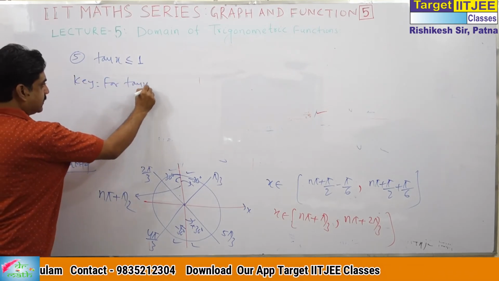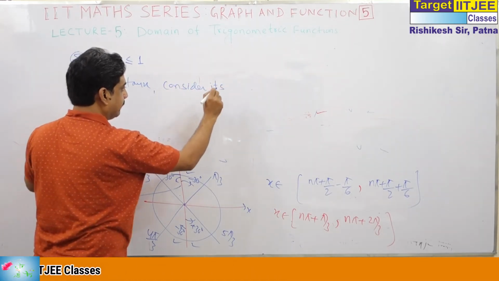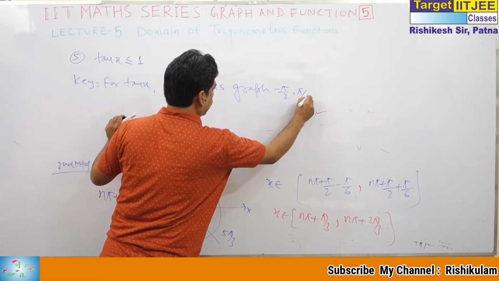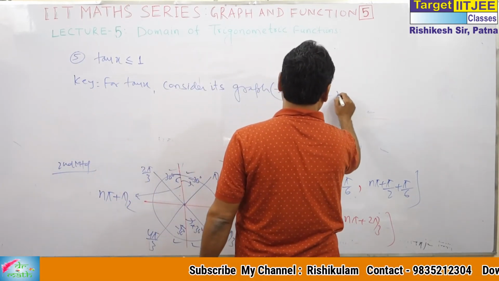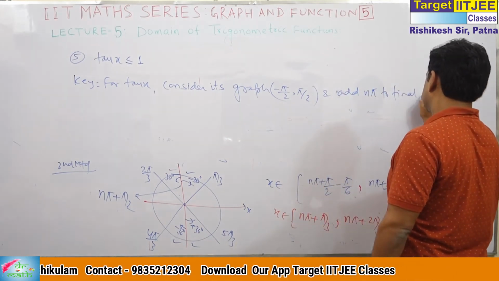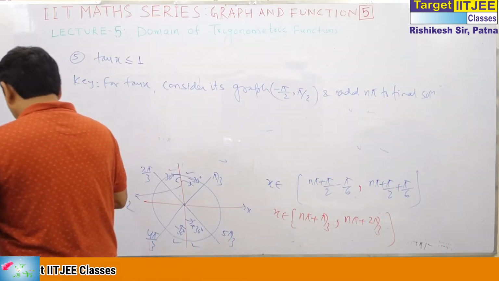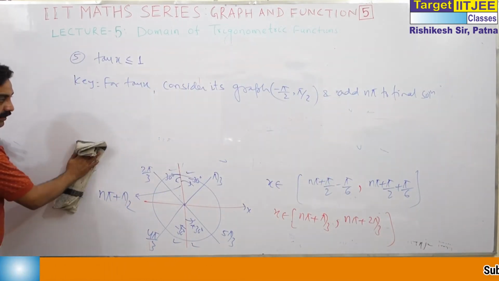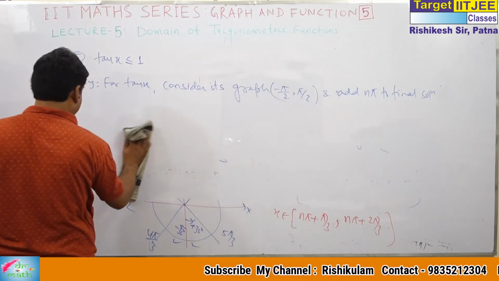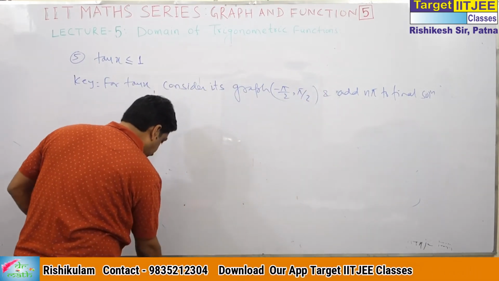For tan x, consider its graph in minus pi by 2 to pi by 2 and add n pi to the final solution. What is the period of tan x? We know the period of tan x is pi, so we can do it in 0 to pi.